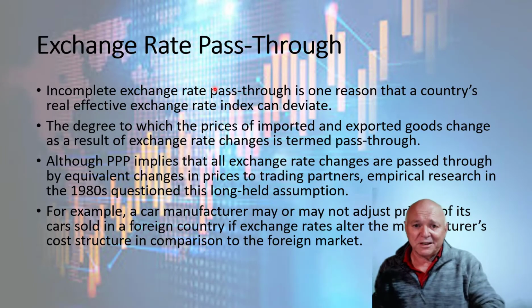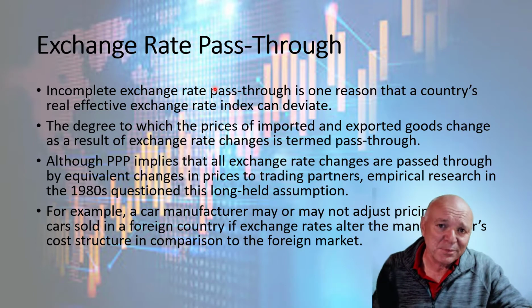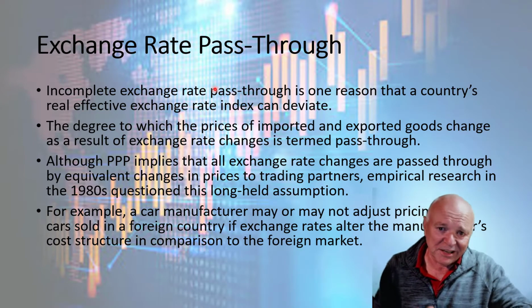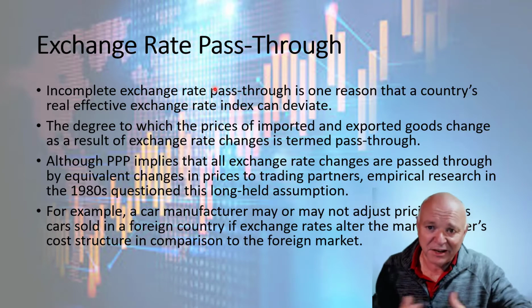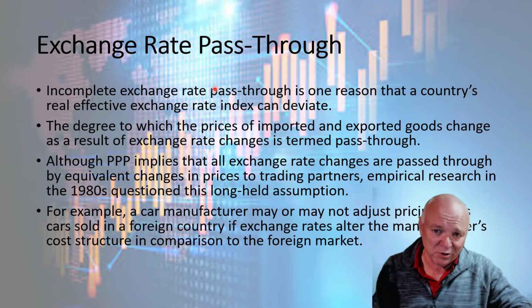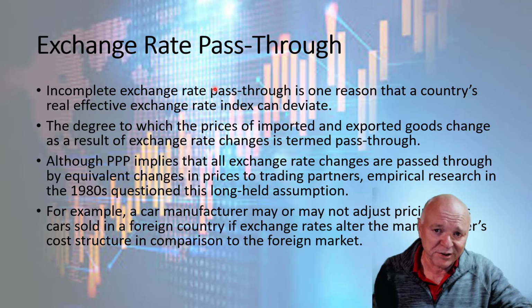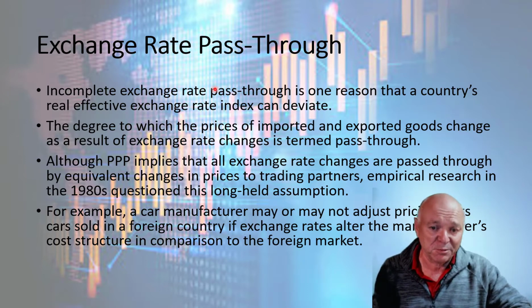One of the problems, and we mentioned stickiness earlier on, is that quite often companies can't pass full exchange rate issues through to their customers. They can't pass the full cost through to their customers all at once, because they know that for certain goods we are likely to change suppliers if there's going to be a big jump in prices.